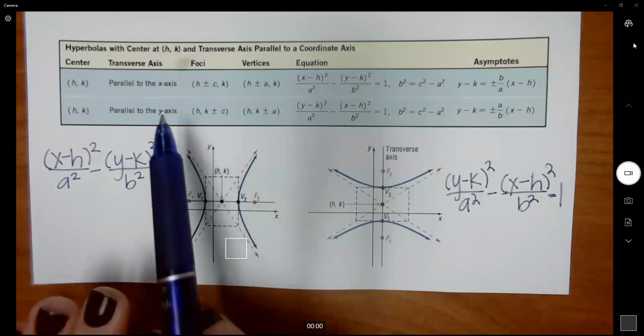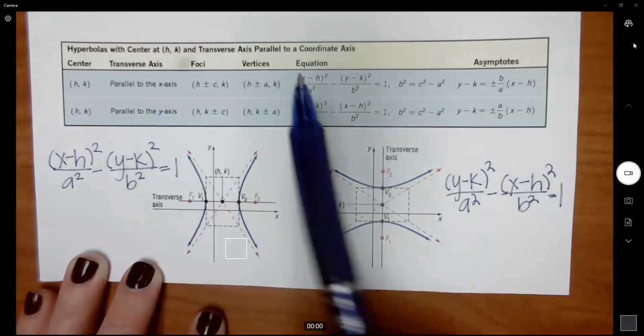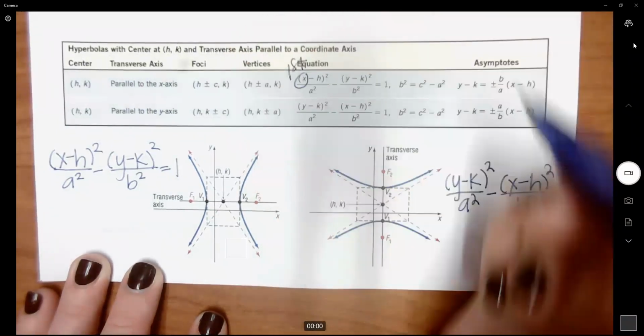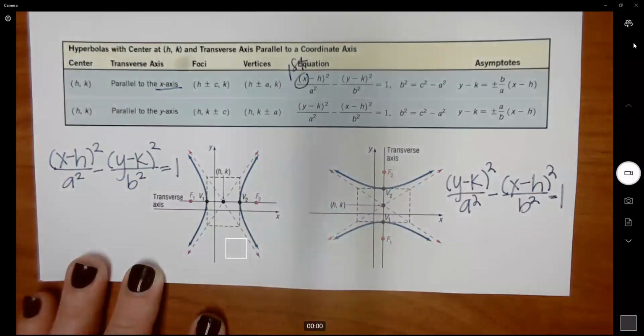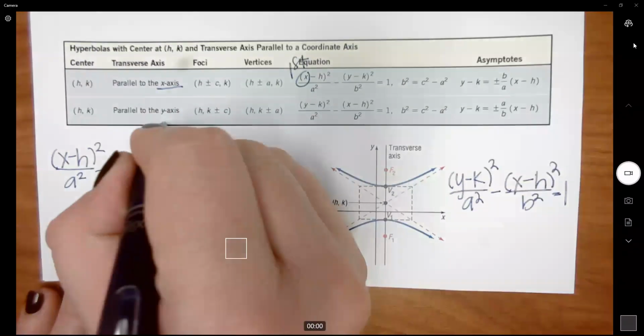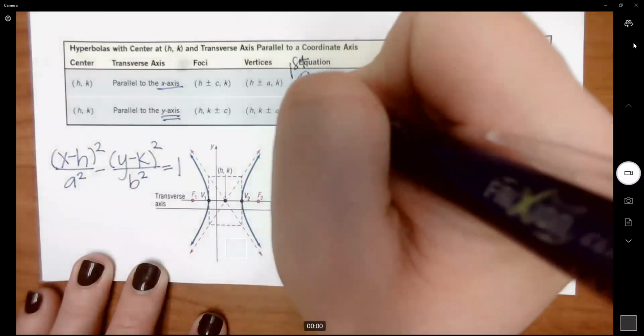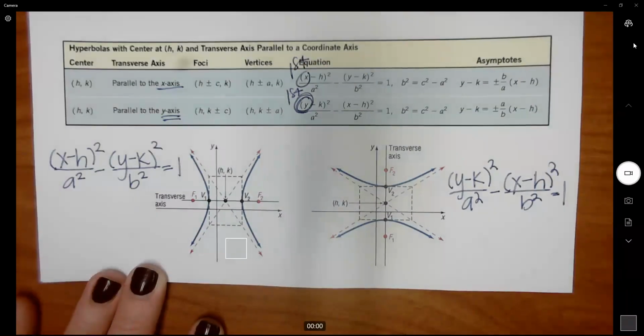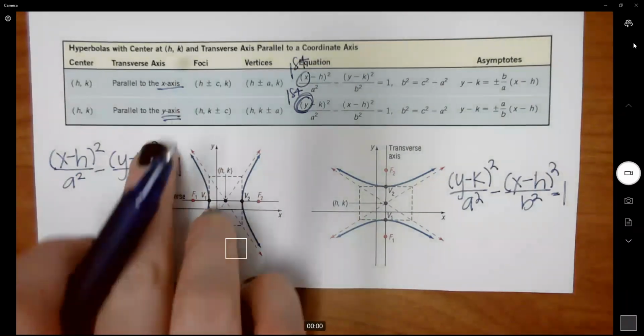So it is parallel to the x when my x is first. It is parallel to the y when y is first. So that's how we can tell the difference.